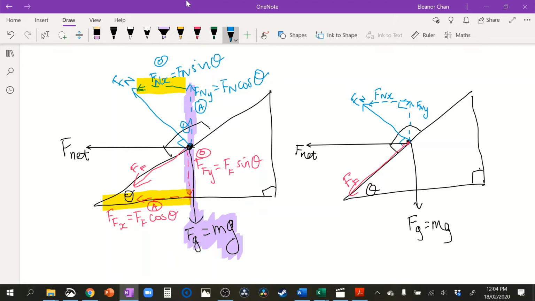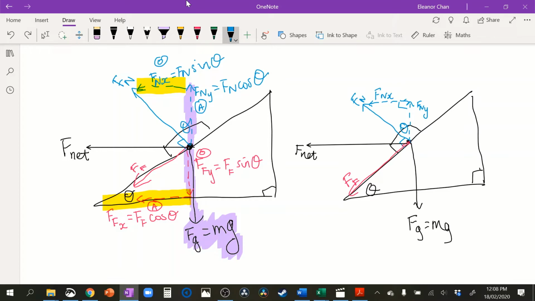But first of all, we need to understand which angle we are referring to. Now, I'm going to tell you right now that the angle at the bottom of the blue triangle for the normal forces is the same as the angle of the incline. The main thing you need to know is that angle down there is the same.